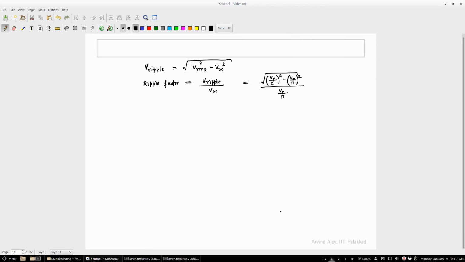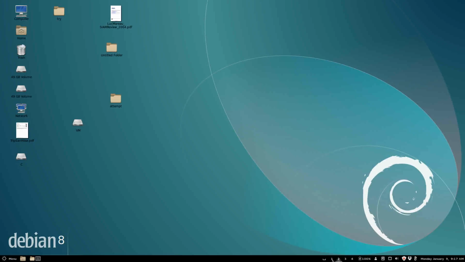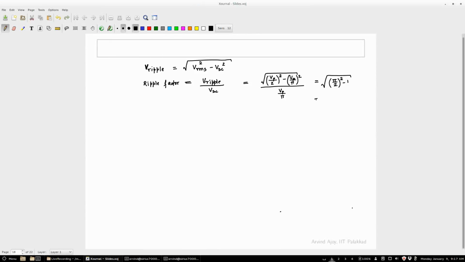So VRMS itself will be VP by 2, right? VP by 2 whole squared minus VDC, which is VP by pi, whole squared, the whole thing under root, divided by VP by pi.